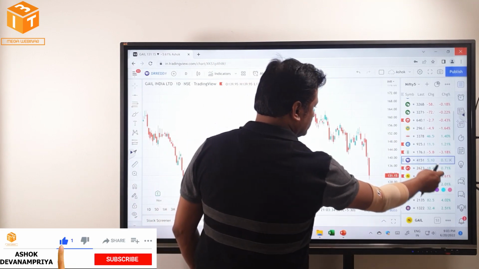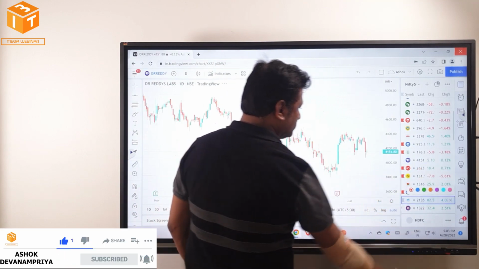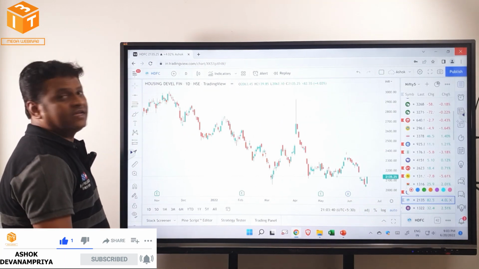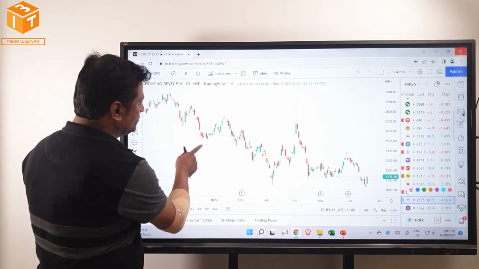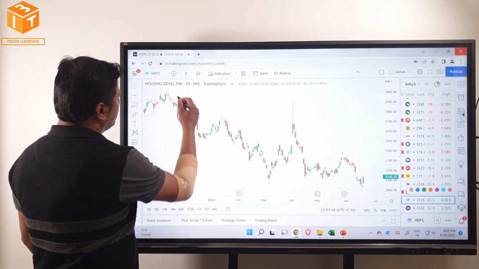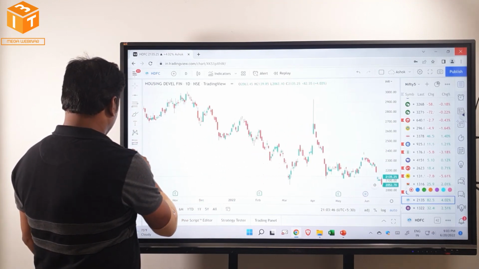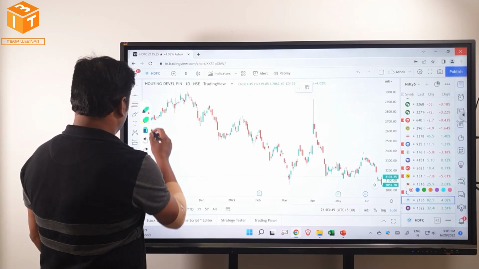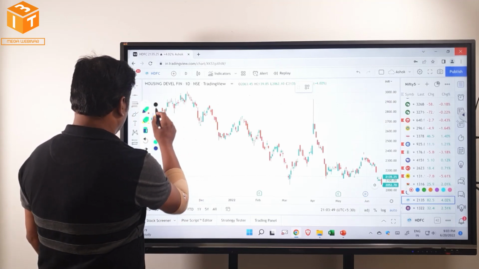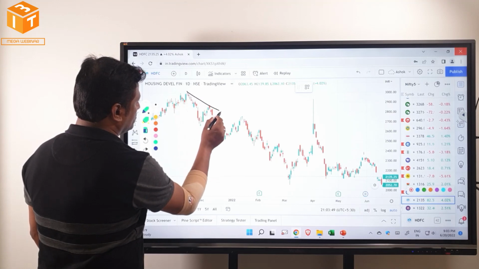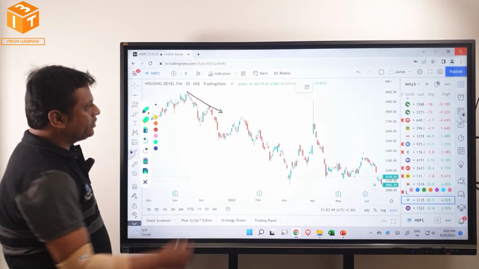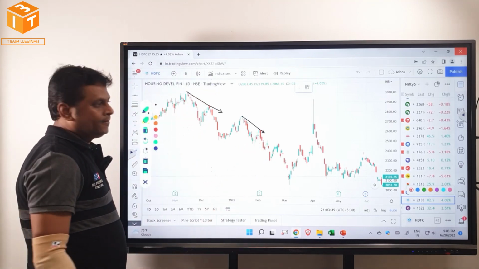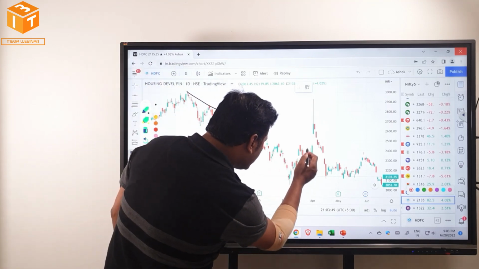HDFC, good example. Look, can I draw a trend line here? Can I draw a trend line here? Can I draw a trend line here?